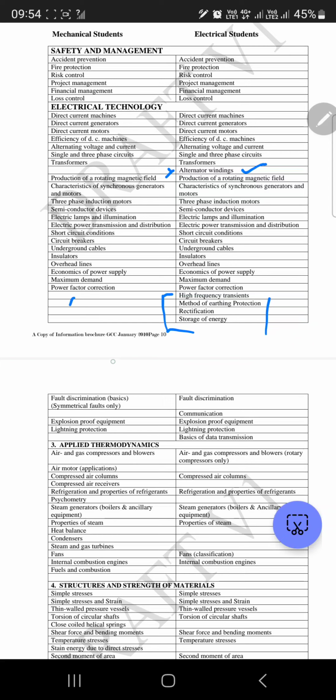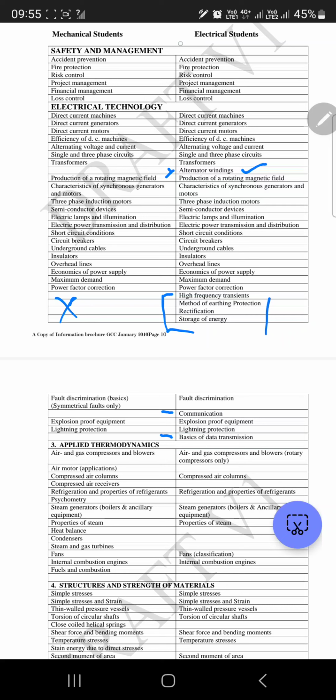On mechanical, we don't do them. We also don't do communication on mechanical, and we don't do basics of data transmission. So that means if you are doing GCC for electrical, these are the additional ones on your side, and the other side doesn't do them.